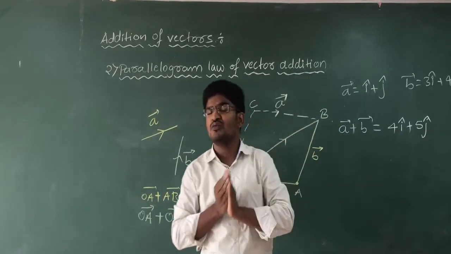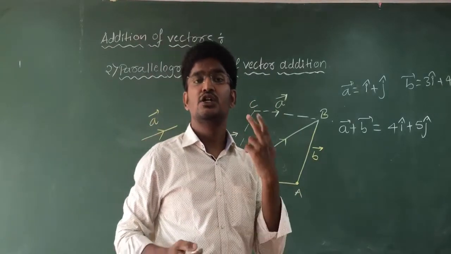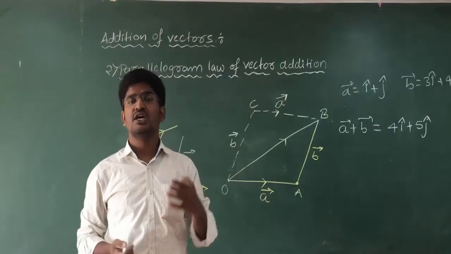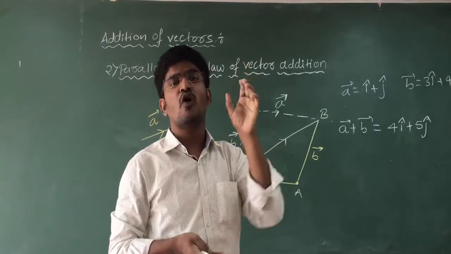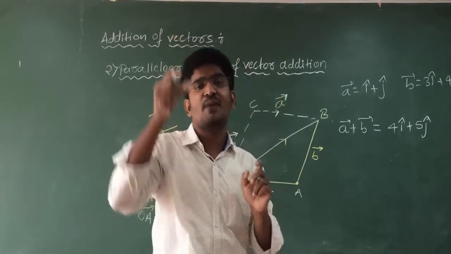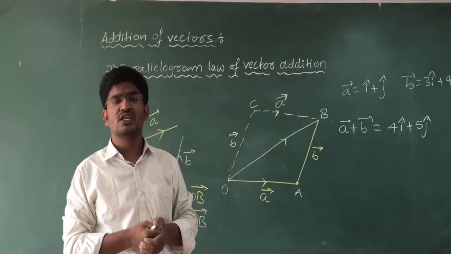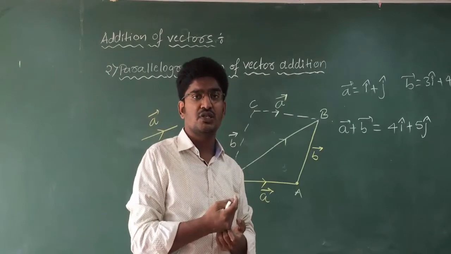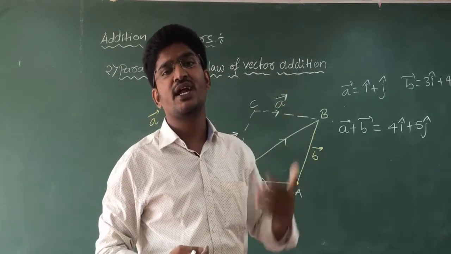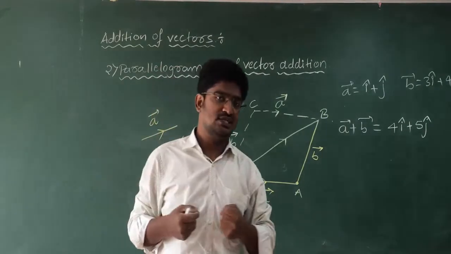So remember one very important point. Whenever you are adding two vectors, you have to add the corresponding values of i cap and i cap, j cap and j cap. That is very important. Clear? So whenever you are solving problems, if addition comes, you have to add i cap and i cap, j cap and j cap of the two given vectors. Clear?